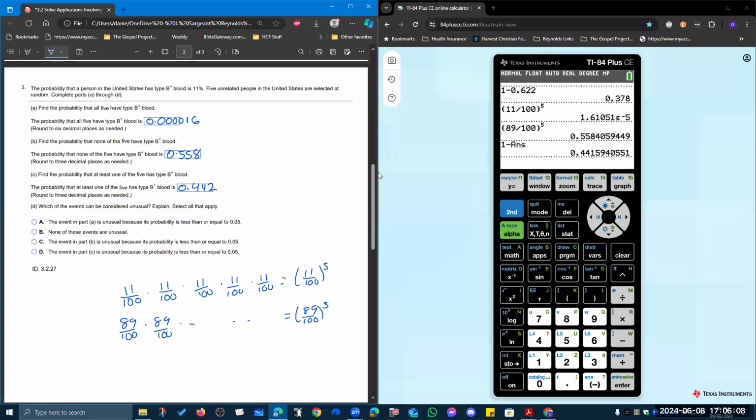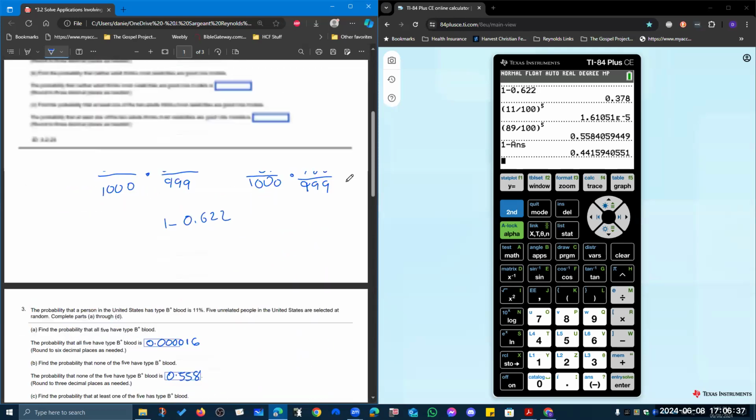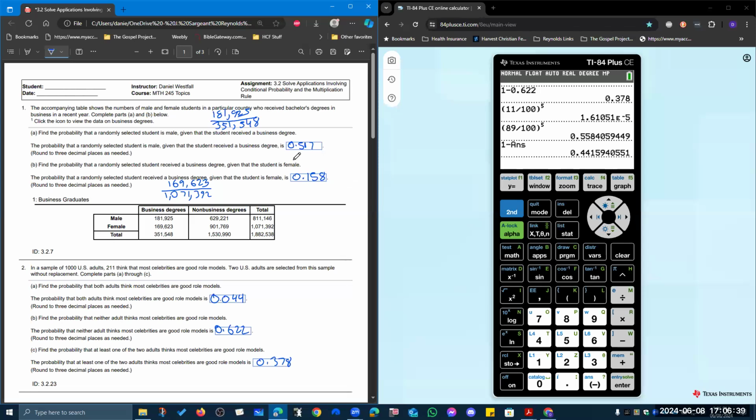So which of them has a probability of less than 5%? That should be what we're going for. So the event in part A is unusual because the probability is less than or equal to 5%. I believe that is it. Yes. So we'll come back next time and we'll start talking about 3.3. See you for the next video.